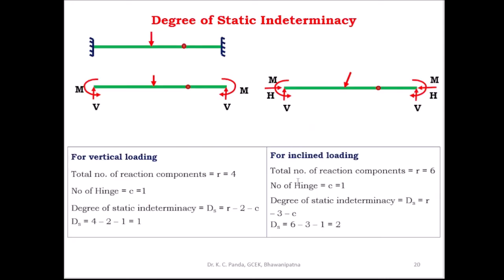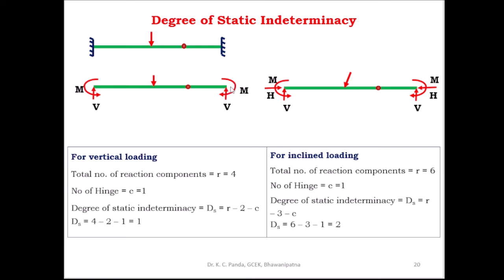Then coming to the next example, here this is the fixed beam, and here this is the internal hinge. If the fixed beam with an internal hinge is subjected to vertical loading, in this case at the fixed end there is no horizontal reaction, only the vertical reaction and moment are acting. So here there is a moment and vertical reaction, and here also there is a moment and vertical reaction.